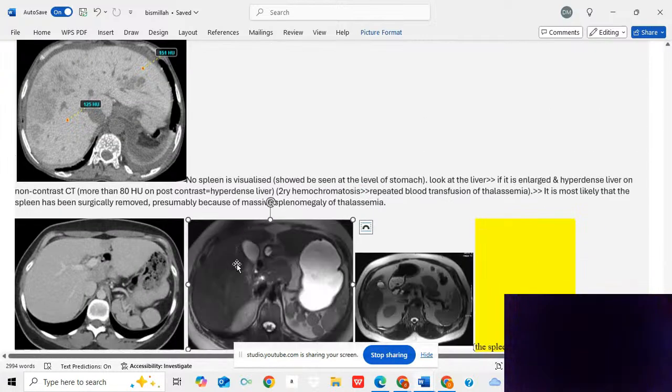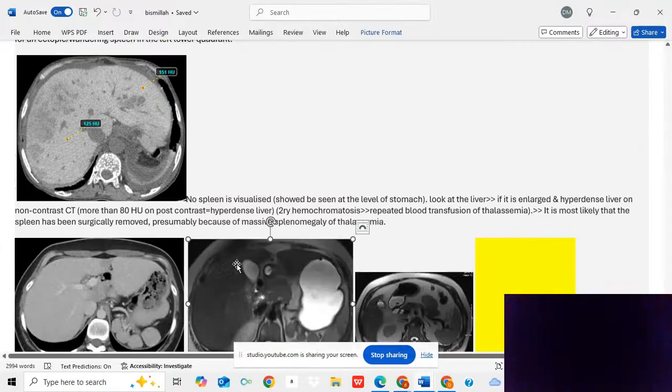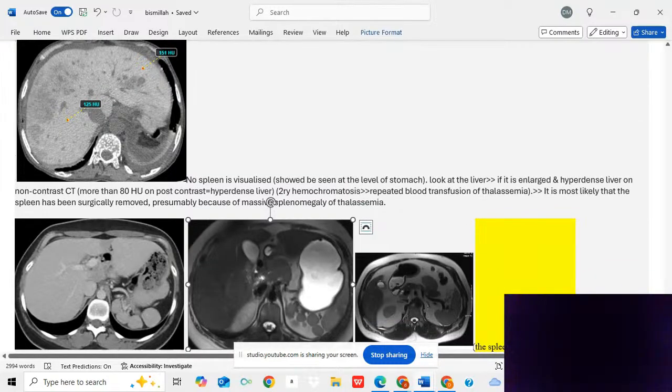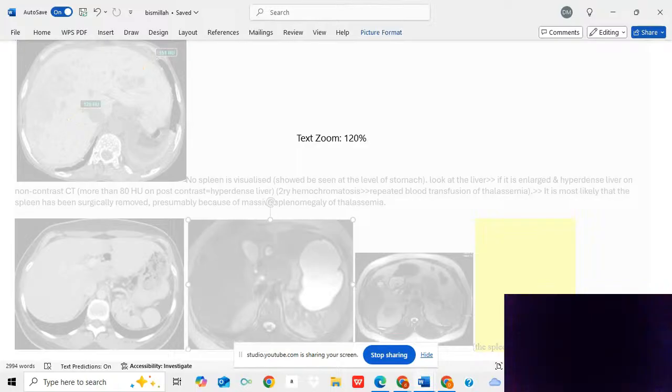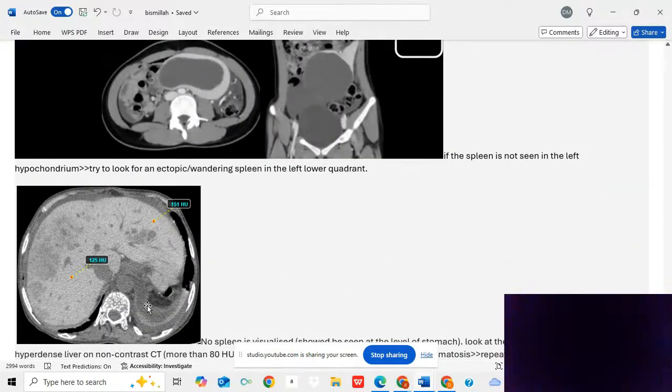In this case, we checked the spleen, but we couldn't find any splenic tissue.